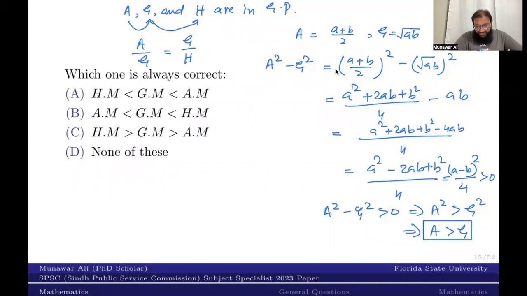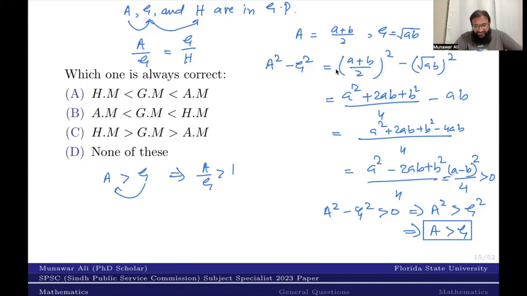So we simply build one relationship. Now we'll move towards the next one, which is really very simple. We know very well arithmetic mean is greater than geometric mean, whatever we have done right now. It implies that the ratio of A and G is always bigger than 1, because you can take this G on the other side and divide over there.